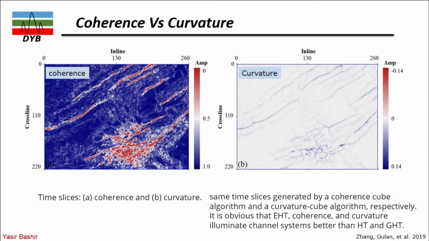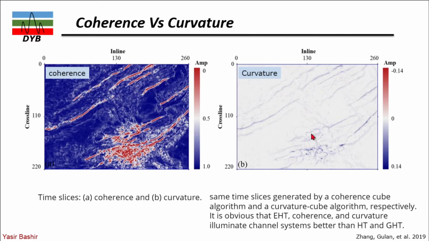Moving to the coherence and curvature attributes. On the left side, we can see the coherence attribute applied on a time slice, and on the right side is a curvature. Coherence is normally used for discontinuity or this type of thing. So you can see a lot of these events have been resolved.